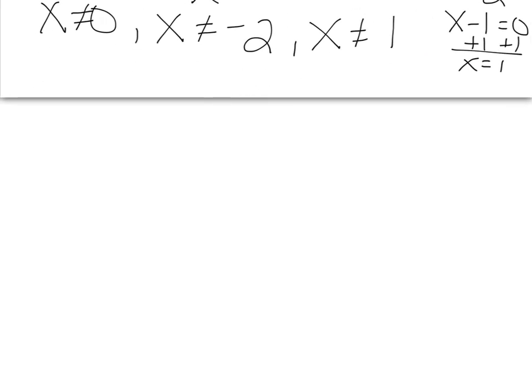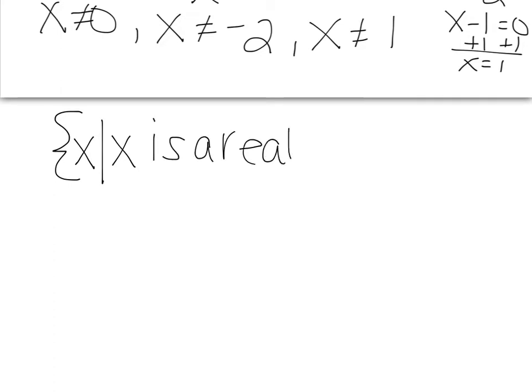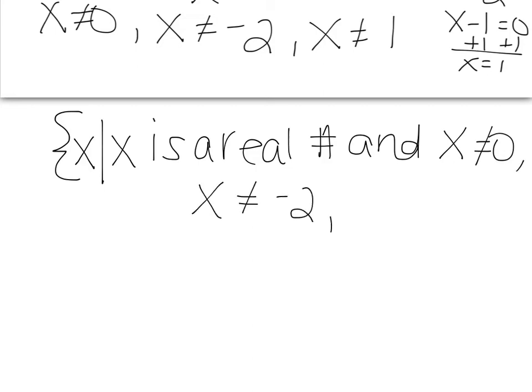So when you go to write this down, you're going to say x is the set of numbers such that x is a real number and x cannot be 0, comma, x cannot be negative 2, comma, x cannot be 1. So it can't be any of those three.